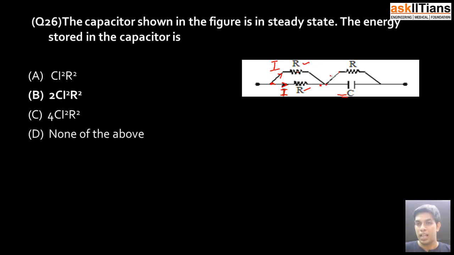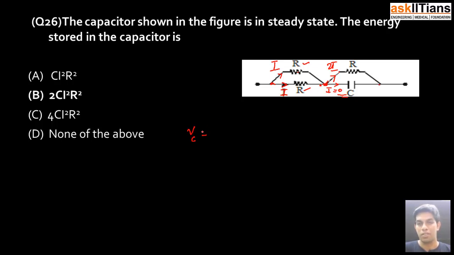So I can say that a current of 2I is actually flowing in this resistance, because the net current is 2I at this junction, and this capacitor is at steady state, so no current is flowing in this direction. I is equal to 0 over here. So the potential difference across the capacitor is equal to VC.